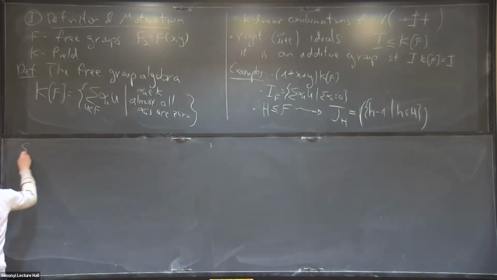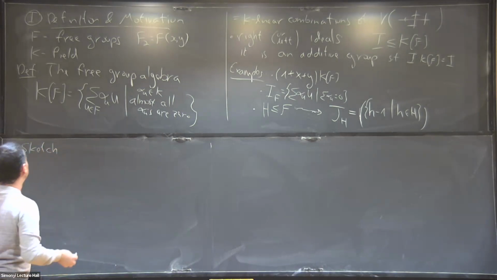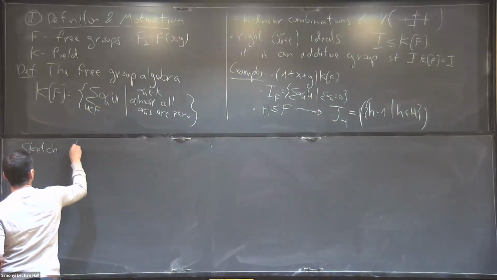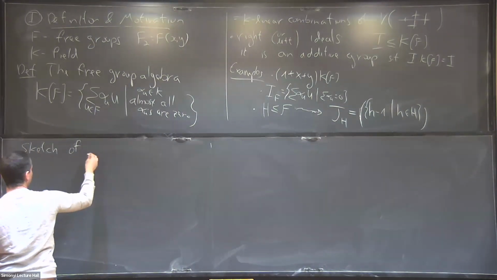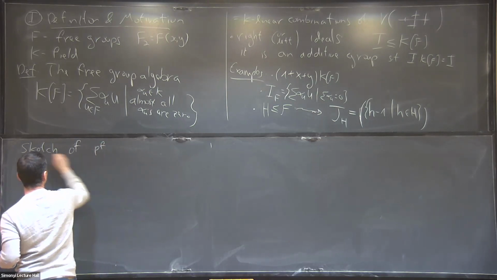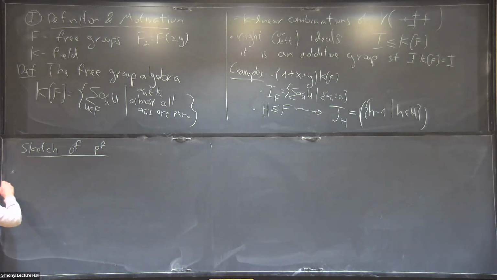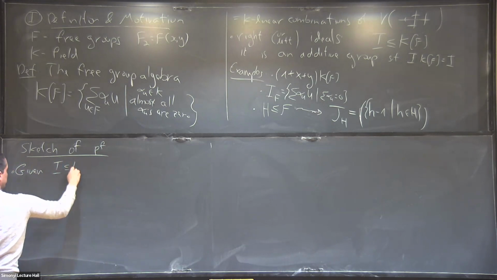Okay, so here is a sketch of the proof. I'm just showing why you get that every right ideal is free. I'm not going to talk about the well-defined rank. Sketch of proof of this theorem. So let's say we're given a right ideal.